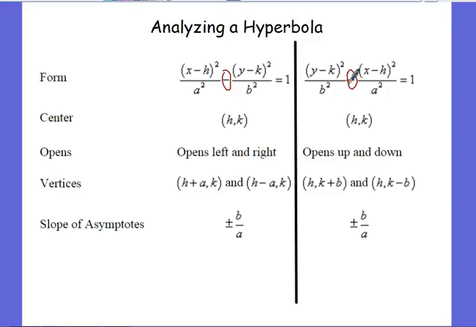The fact that it's switched tells you which direction it opens. So if the x is first, then it opens left and right. If the y is first, then it opens up and down. Has everybody got it? So the center is still the same center, h and k, but remember, that tells me the center of what?